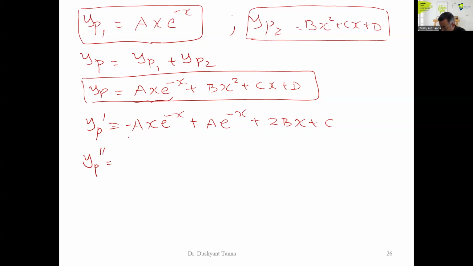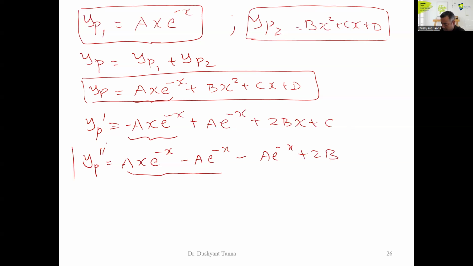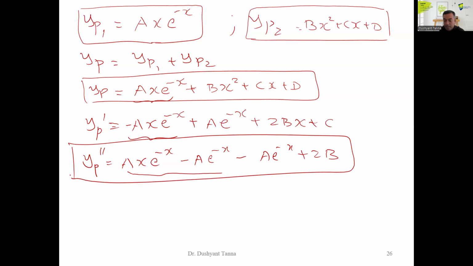YP double dash. Again, a product rule here, right? This will become Ax e power negative x minus A e power negative x, right? That's been done. Differentiation of this is minus A e raised to minus x plus 2B, C is gone. This is my YP double dash.